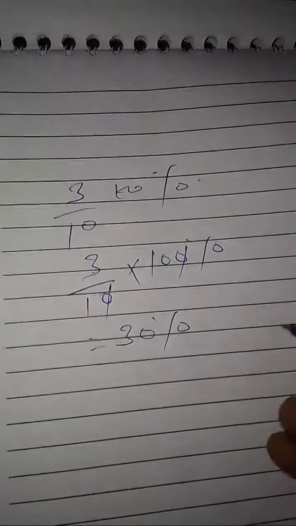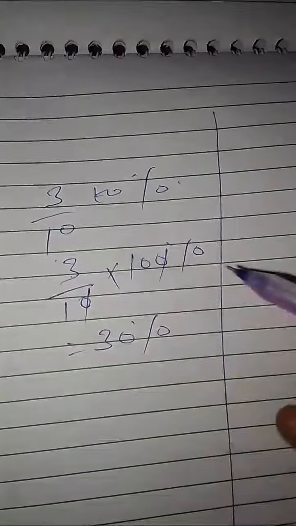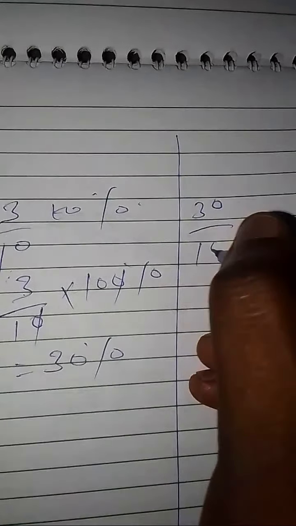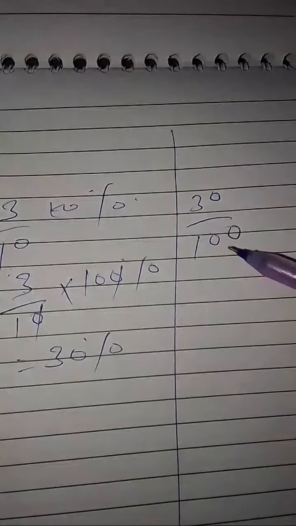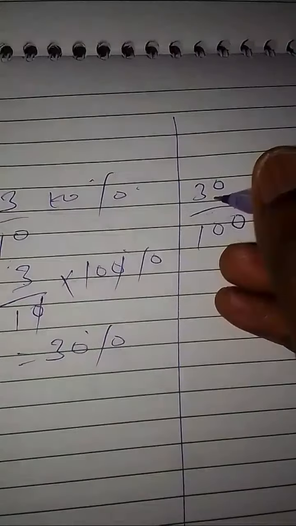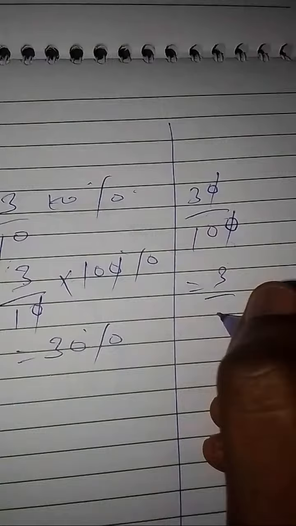So we can also change this 30% into a fraction. So we shall get 30 out of 100, because when changing into a fraction, the denominator is out of 100. So we cancel 0, 0. So the answer is 3 over 10.